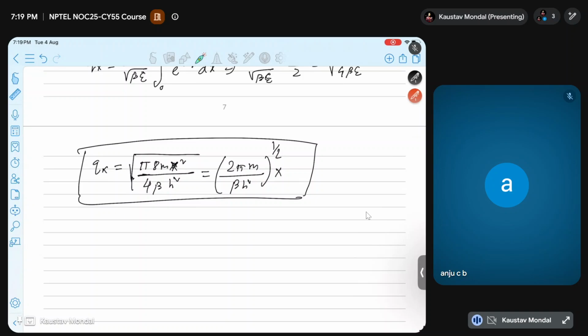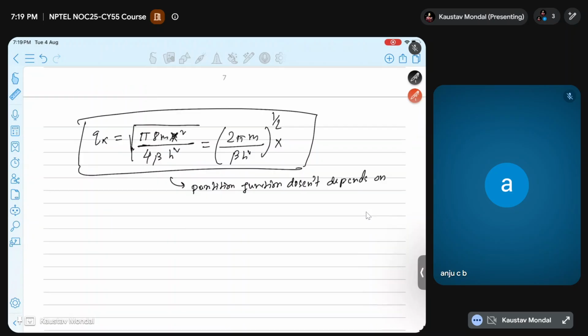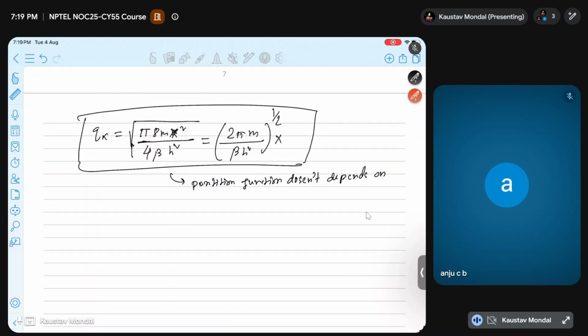Yeah, so as you can see, this translational partition function doesn't depend on the length of the box, or the container, whatever it is, the length of the box that we have taken as x in our system.